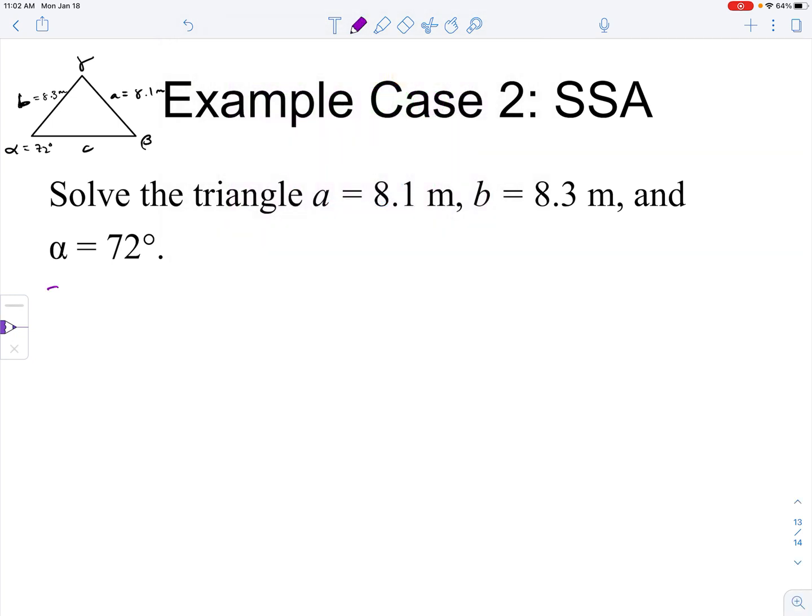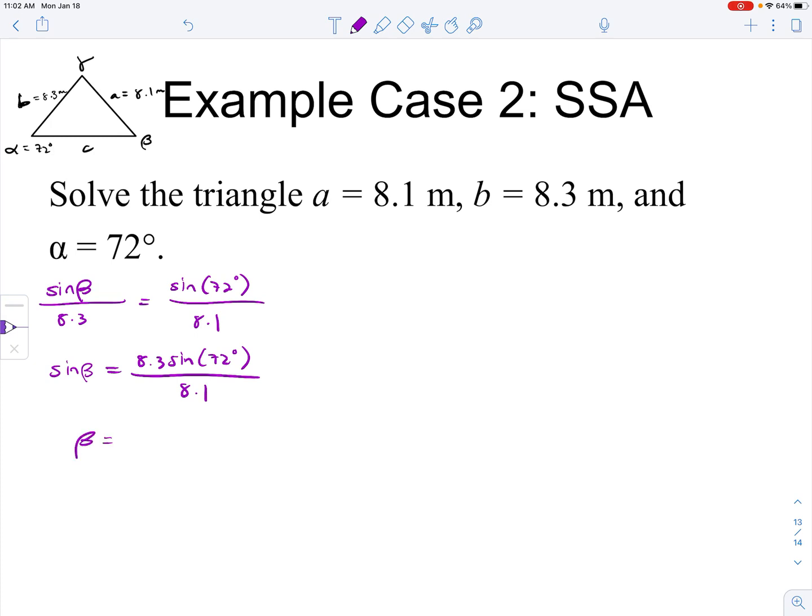So what do we have to solve for first? It looks like angle beta we would need to solve for first. So sine of beta over 8.3 equals sine of 72 degrees over 8.1. Sine of beta equals 8.3 times sine of 72 degrees over 8.1.